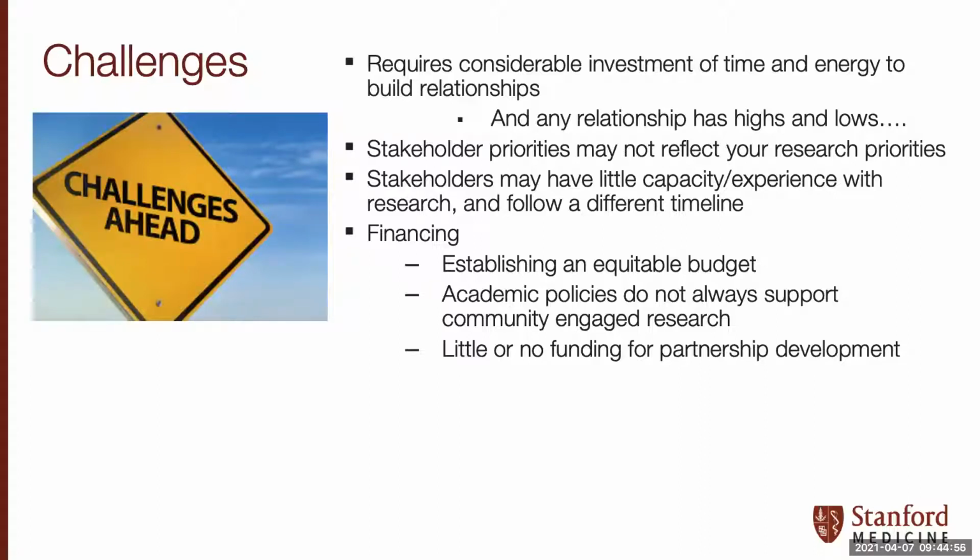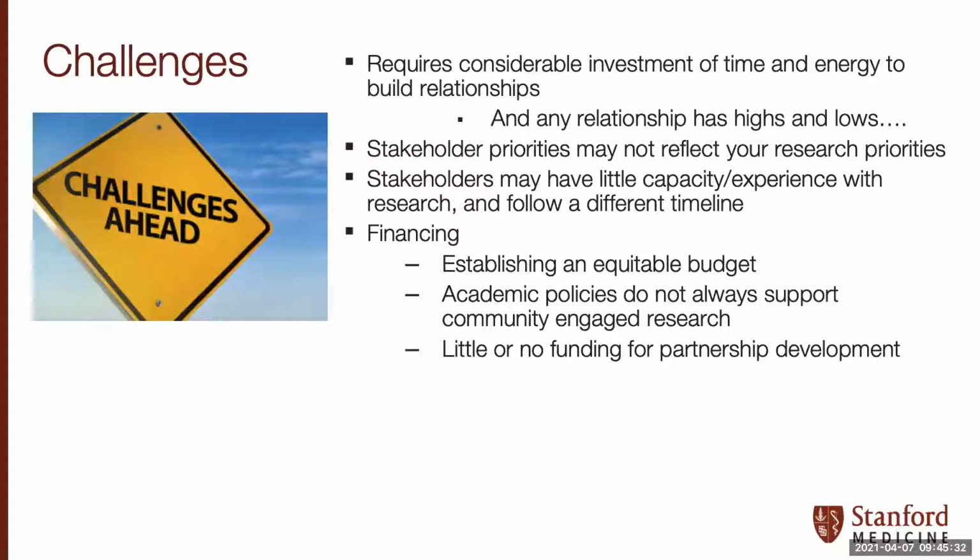And the last point here is that oftentimes there's little or no funding for partnership development. So our funders oftentimes think, where is the study? What are you going to be doing? What are the outcomes? What are you going to be measuring? How are things going to be different? But going back to the first point here, sometimes if these are not established relationships, we need time to establish those, right? Your first step might be to have a lot of community meetings, asking feedback on the kind of research that you're doing, what the priorities should be for the next grant, for example.